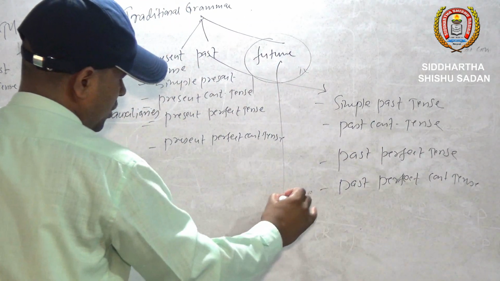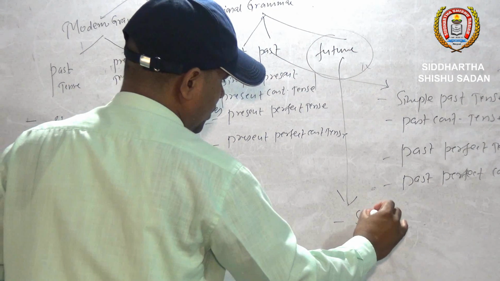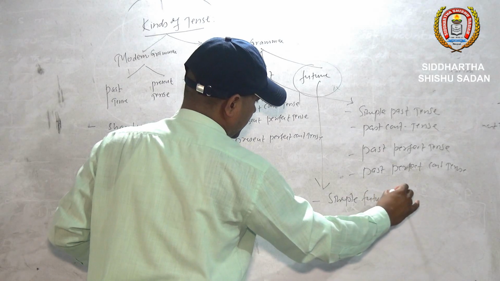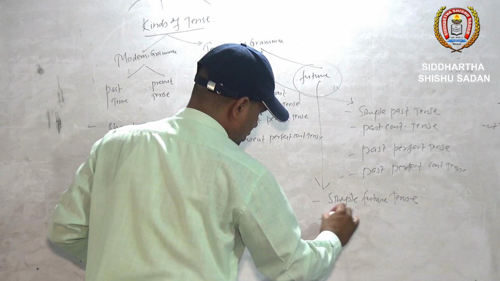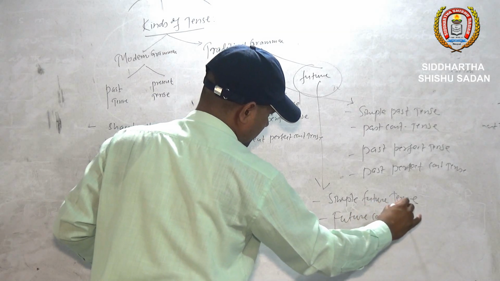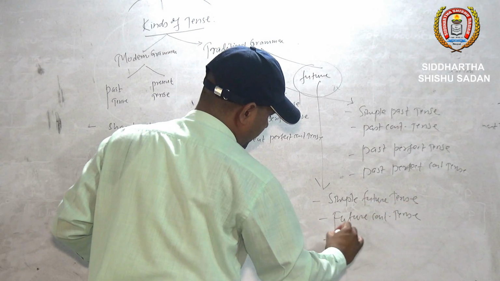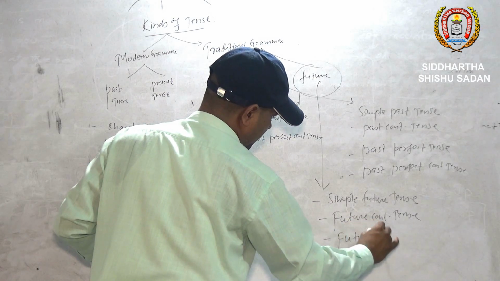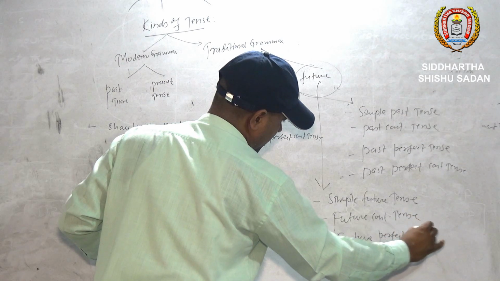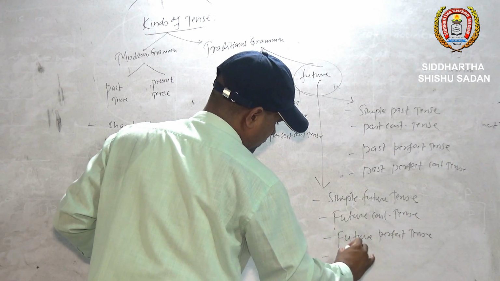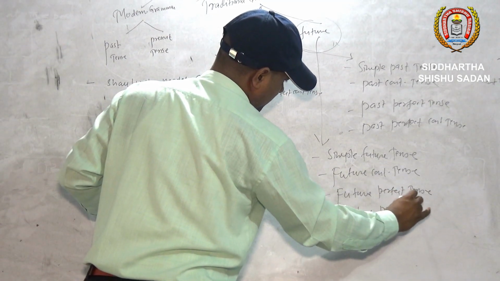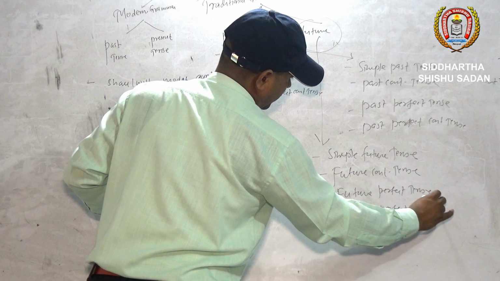Similarly, future is also of 4 types here. Simple future tense, future continuous tense, future perfect tense, and future perfect continuous tense.